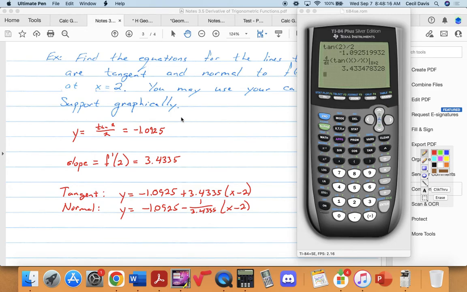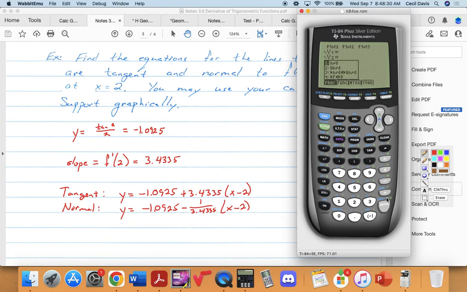So it says support graphically. Let's take a look at what this is going to look like on a graph. So my y equals, I need to get rid of all this stuff. I want to have tangent of x over x. I really like to, when I'm doing these, do the vertical fraction, the horizontal fraction bar.